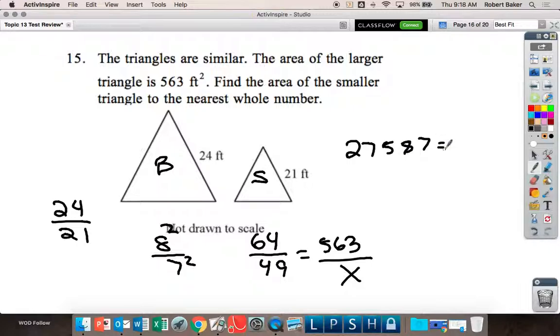That equals 64 times x, and you divide both sides by 64. So to the nearest whole number, the area of the smaller triangle is 431.